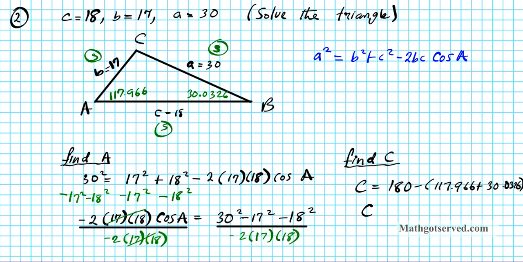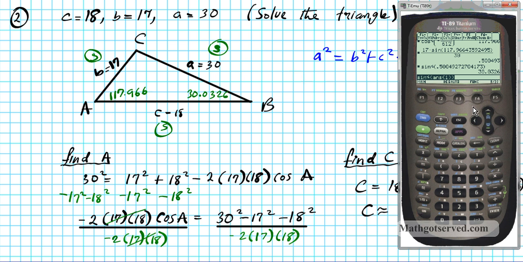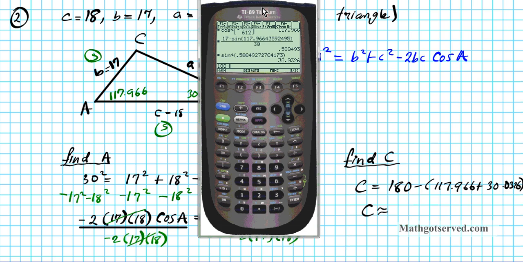Plug that into our calculator to yield the approximate value of angle C. So we're going to do 180 minus parentheses. Don't forget that parentheses is really important. 117.966 plus this result here, and your final answer is 32.0014.